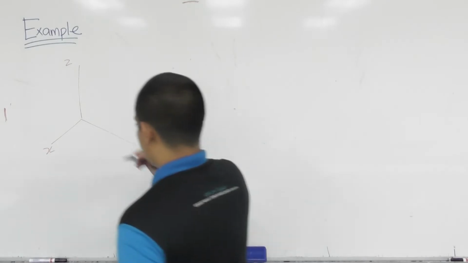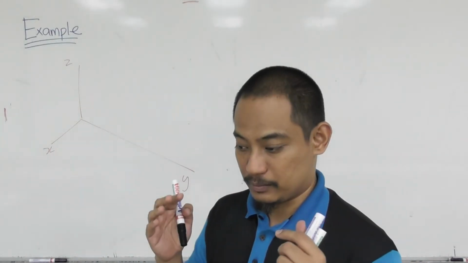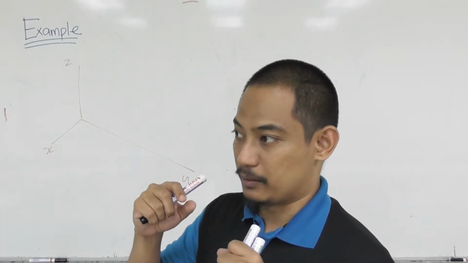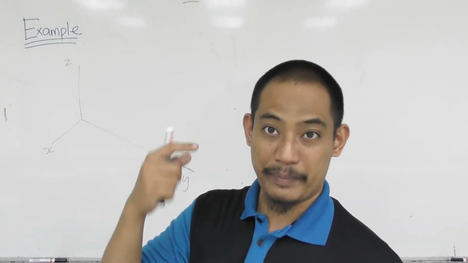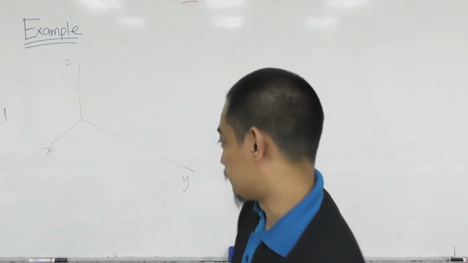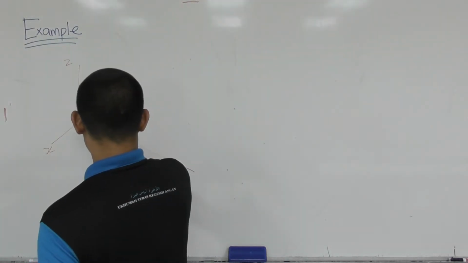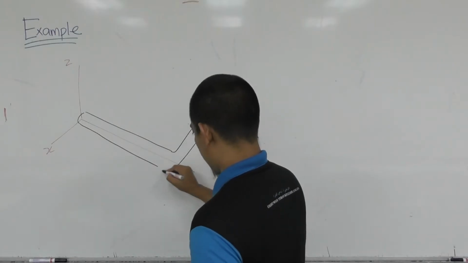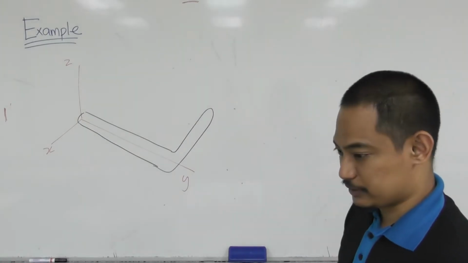As we have mentioned before, in a free body diagram, the body should be free from the surroundings, including the bearing and the cable. So we'll just draw the rod, something like that, roughly.